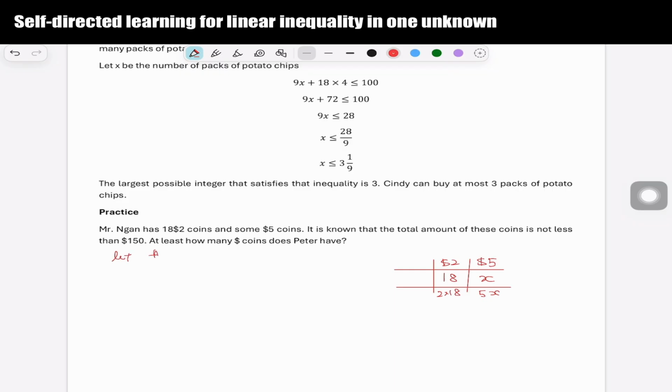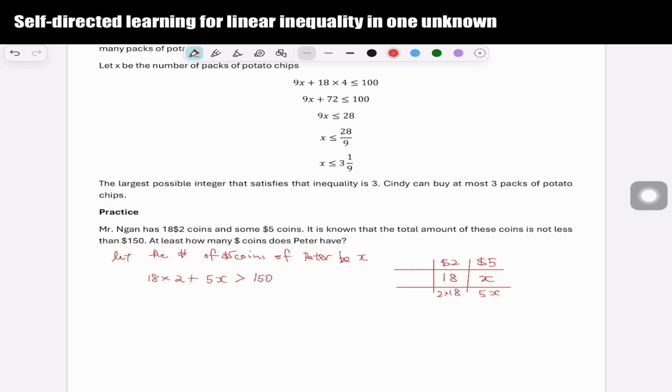Let the number of $5 coins of Peter be x. So we got 18 times 2 plus 5x is not less than, that means it's greater than or equal to, like this, 150.